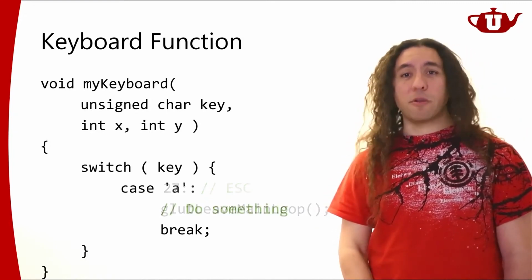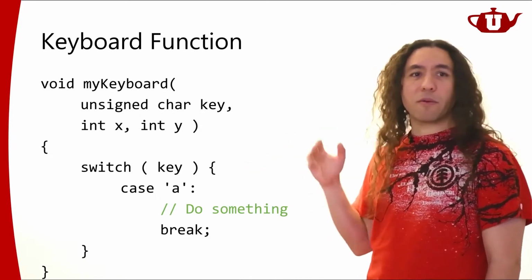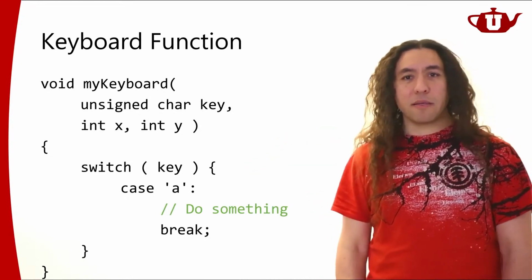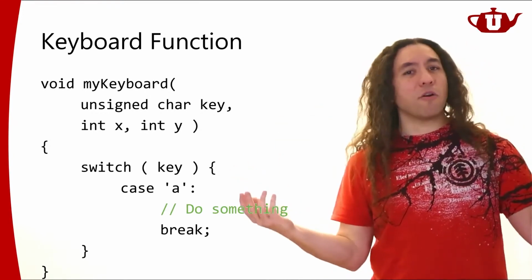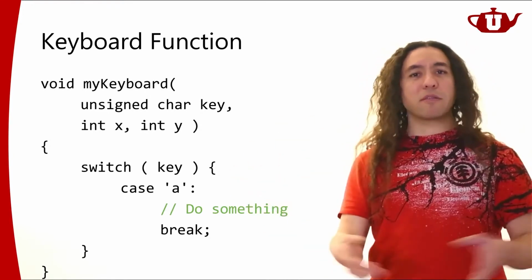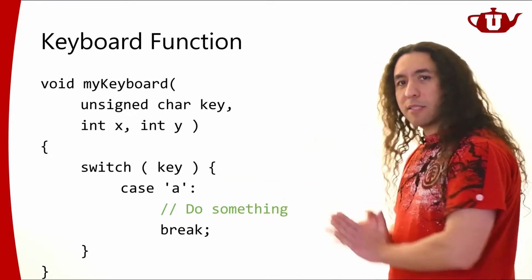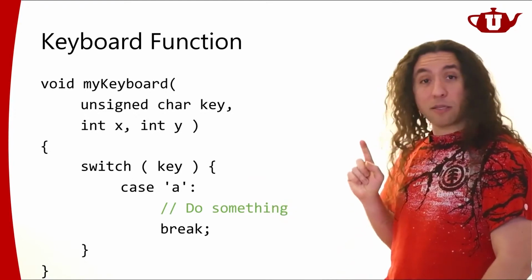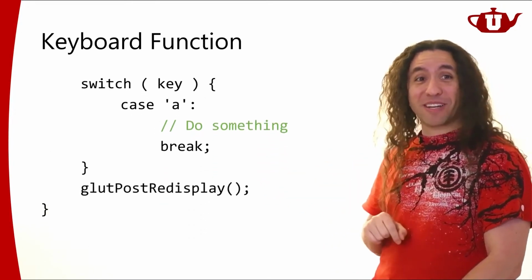But oftentimes you're going to be doing other things, right? I'm going to be doing something when the user hits a particular key. Let's say I'm changing the color of my teapot from something to something else. So I'm going to be re-rendering it. Will I be re-rendering it? No, unless I tell GLUT that I'm going to need you to call the display function again.